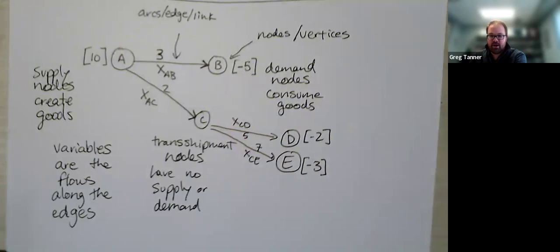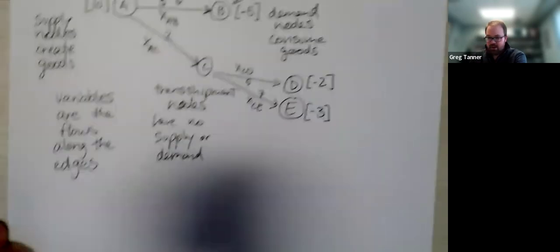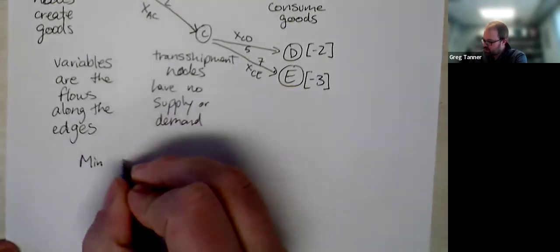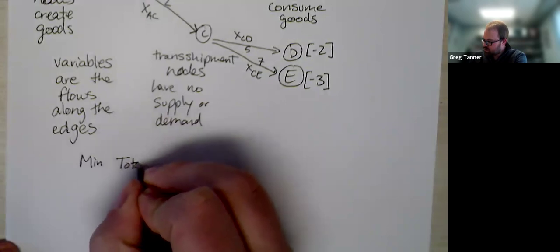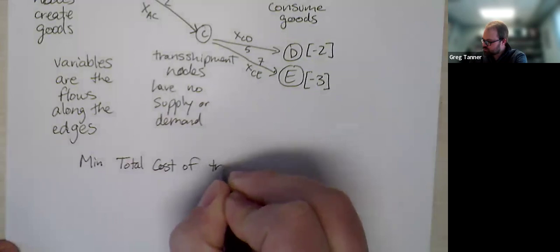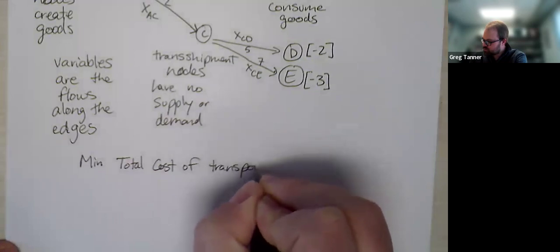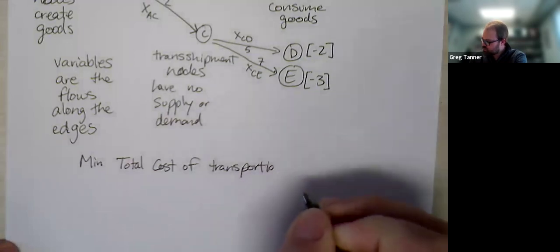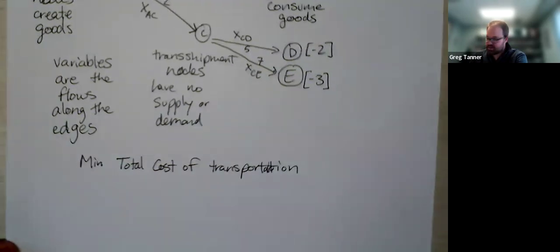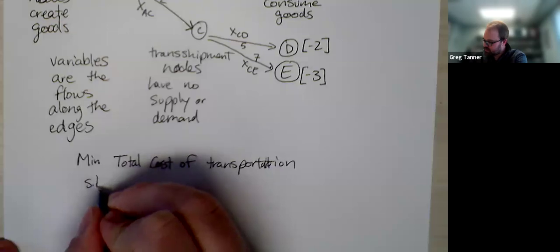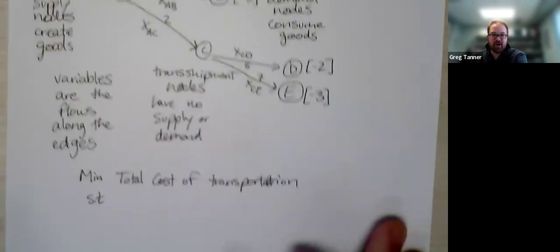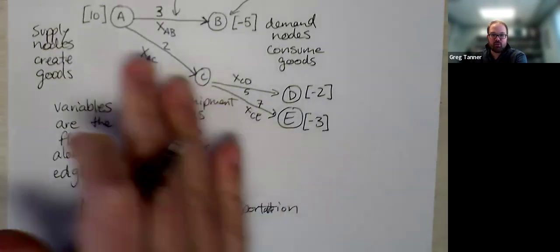A standard problem would be to minimize the total cost of transportation, such that we follow the rules of the network.